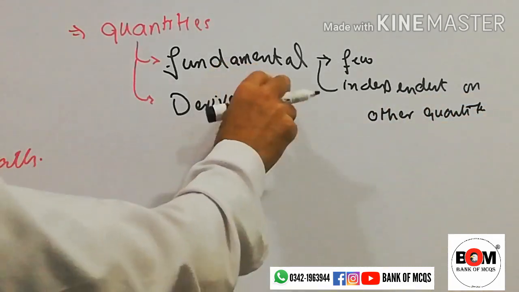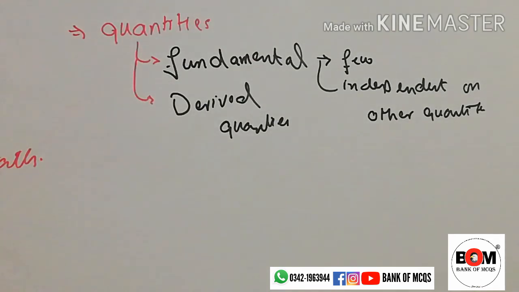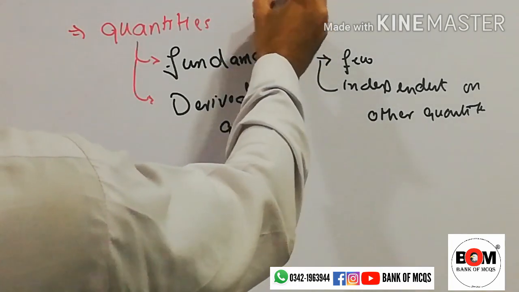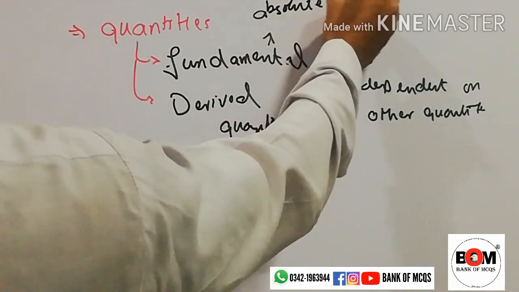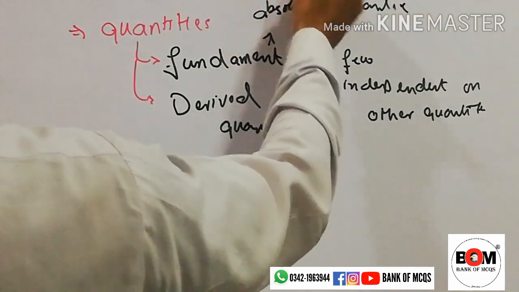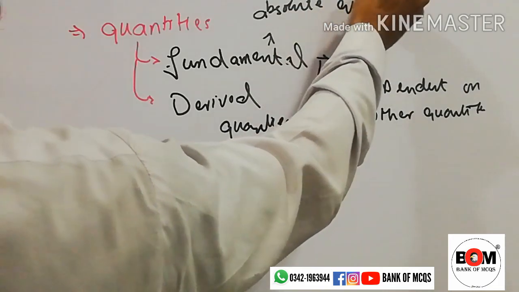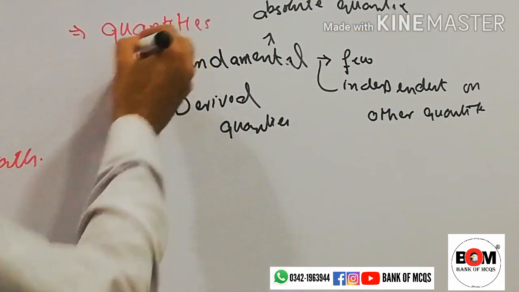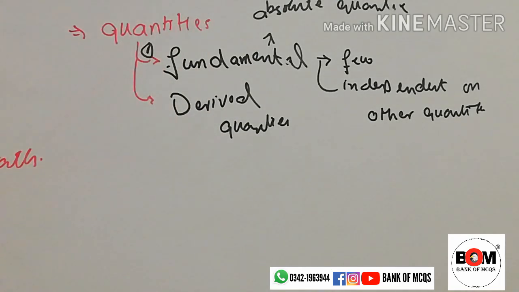These quantities are called fundamental quantities, and they don't require the help of any other physical quantities for their definition. Therefore these are called absolute quantities. So this is the first type of quantities, which is called fundamental quantities.